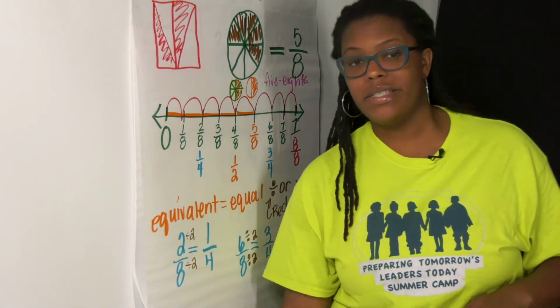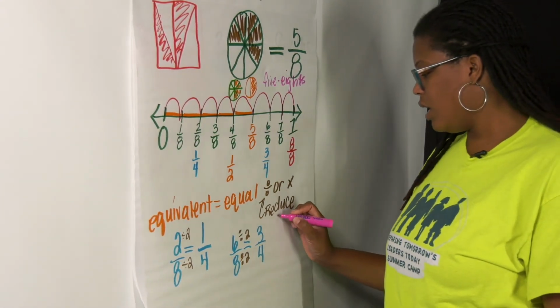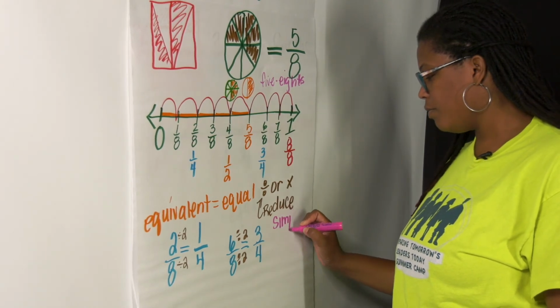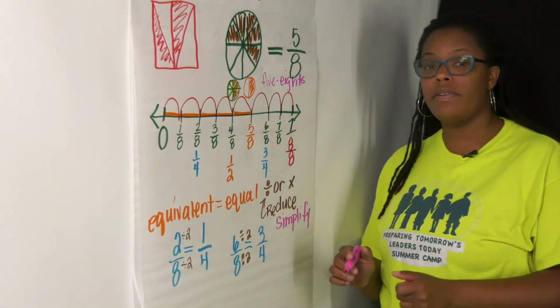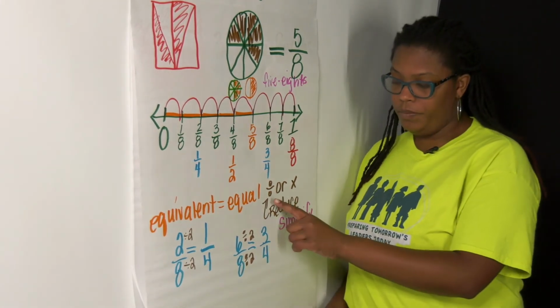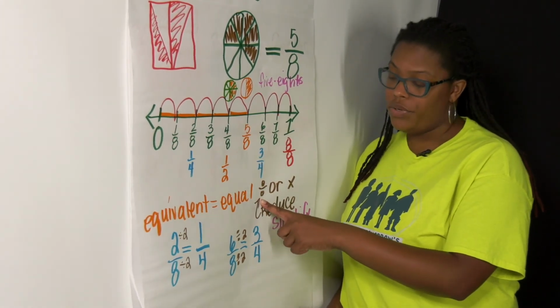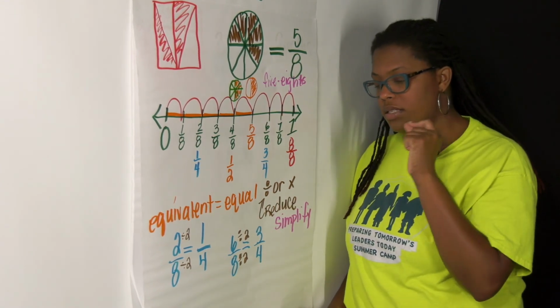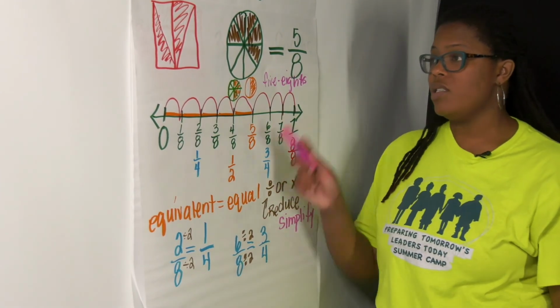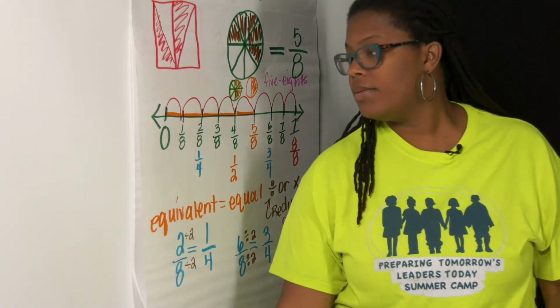Another word that you may see in place of reduce is simplify. If you simplify a fraction, that's also considered reducing it. So that means we're making it in the smallest form. So this is what we've covered today.